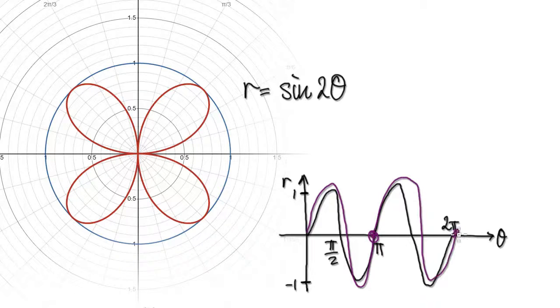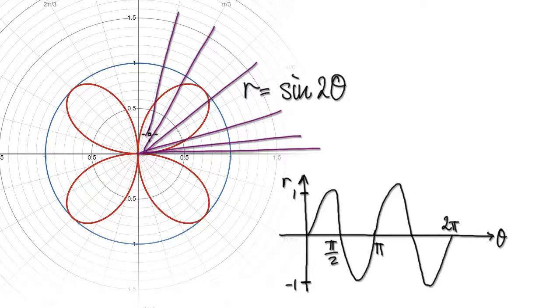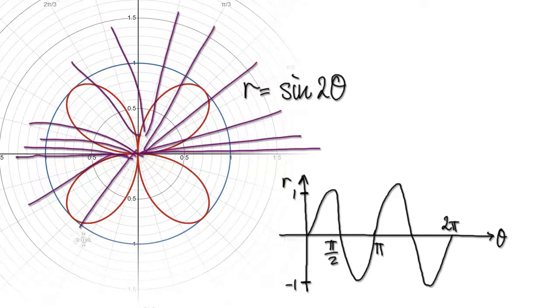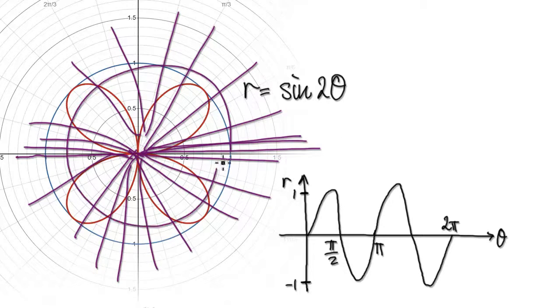Don't forget, as you're drawing this petal, you're moving around from 0 to 2 pi.